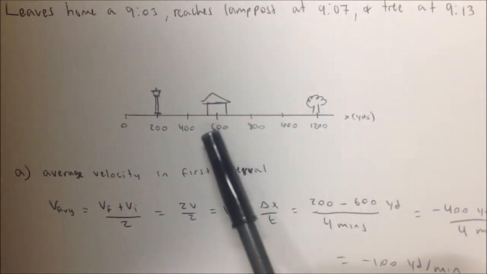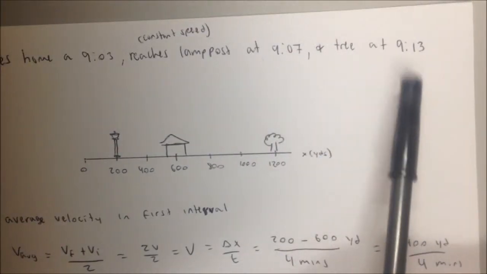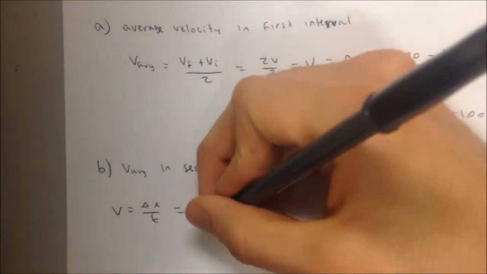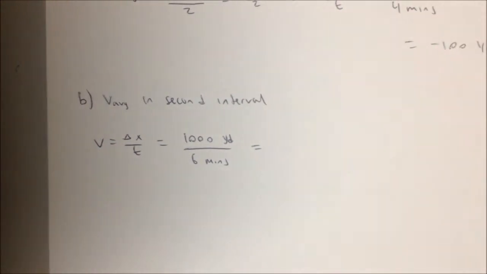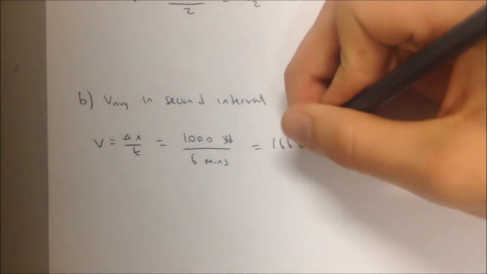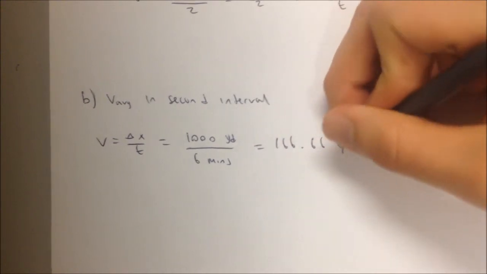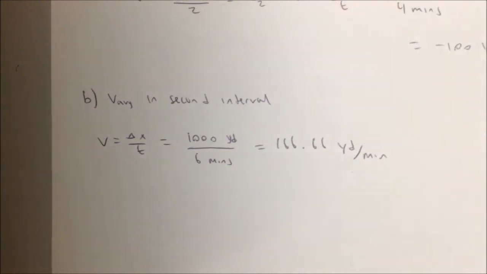And the time it takes to get from the lamppost to the tree, which is 6 minutes. Solving this on a calculator gives us 166.66 yards per minute.